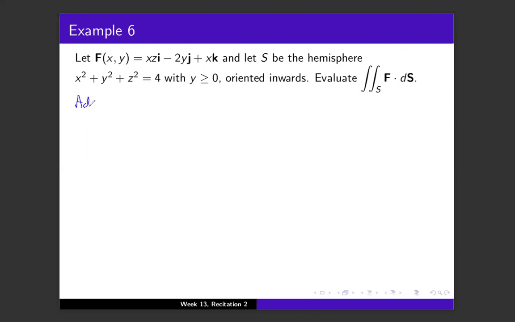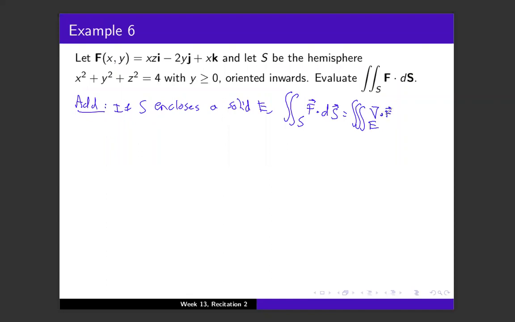Now, if we wanted to add an integral, that's if S encloses a solid region E, and if it does, we get that the double integral over that surface of F dot dS is the triple integral over that region of the divergence of F. If S encloses a solid, but does it?